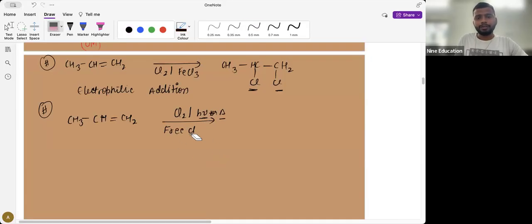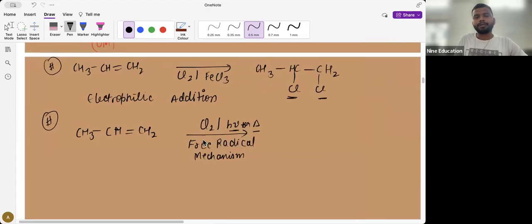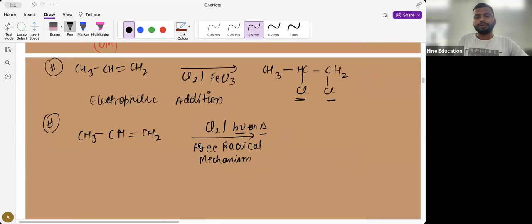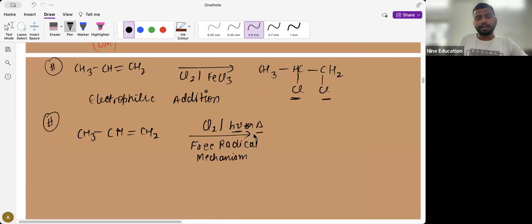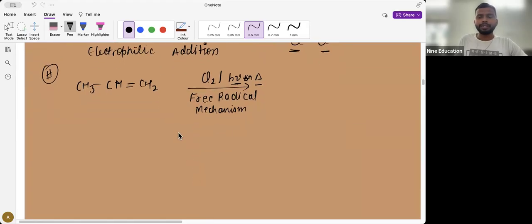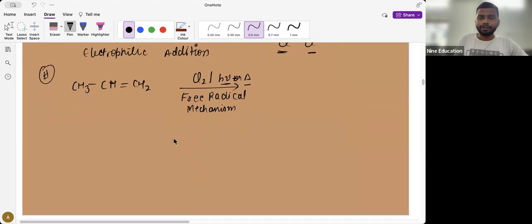We have to make free radicals, and this is a free radical mechanism. If I give Cl2 with h nu, or heat or light, what will happen in this reaction? Let's see.